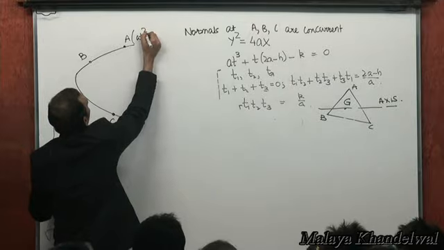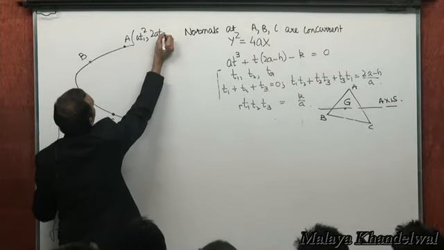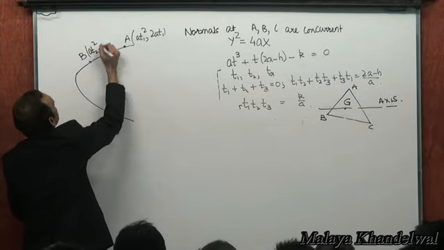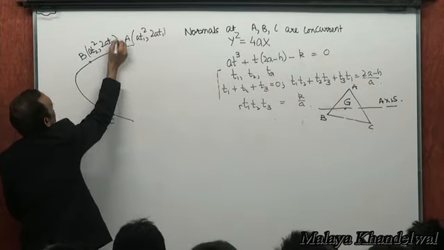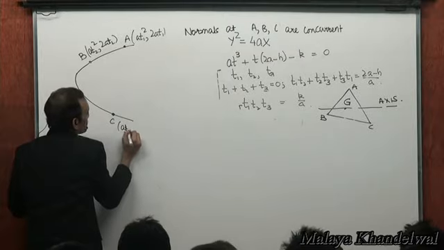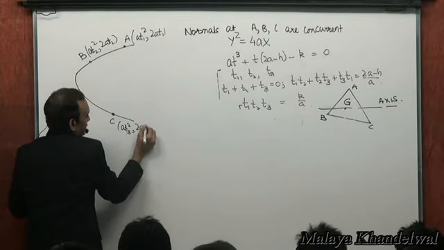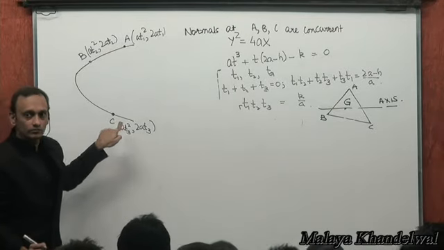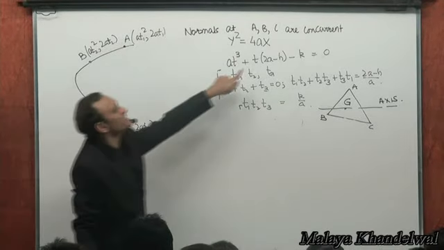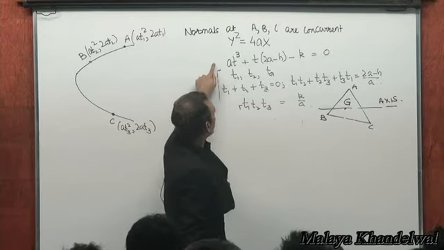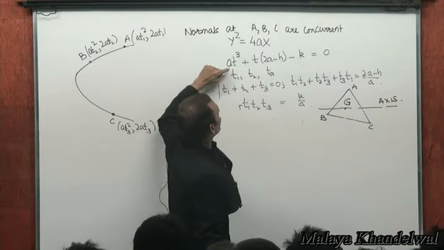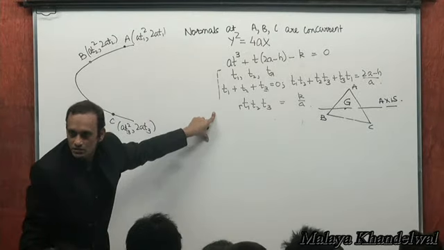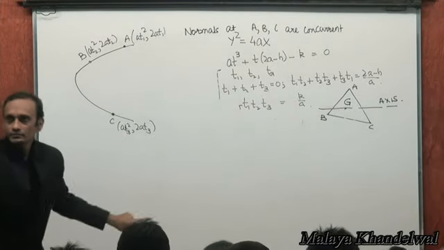A is T1, A T1 squared, 2A T1; B, which is T2, A T2 squared, 2A T2; and C, which is A T3 squared, 2A T3. These are 3 co-normal points, and the normals at these points intersect at H comma K, and therefore T1, T2, T3 would be the roots of this cubic and will be commensurate with all these requirements. Right?